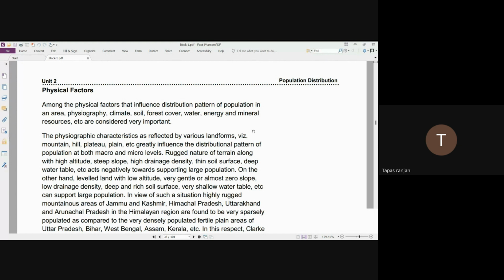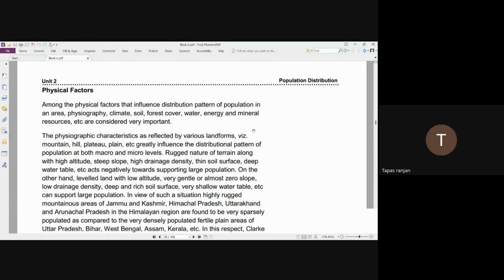Then water, the availability of water is also one of the critical parts. Why? Because as human beings we need water. We need water for our survival, for industrialization, for agriculture. So all these are different factors for which the availability of water is very important.